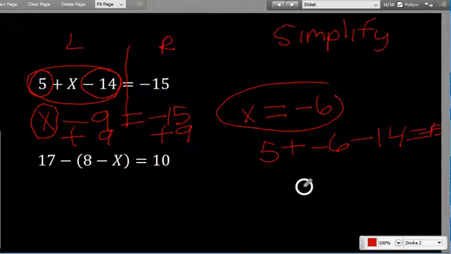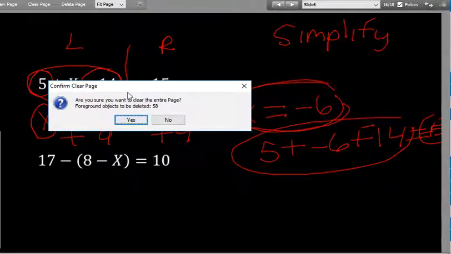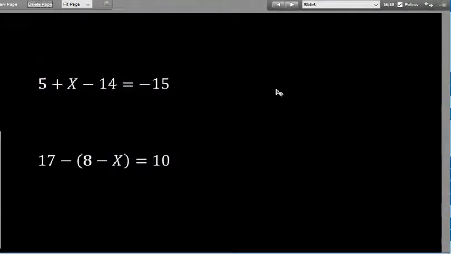Sorry, I ran out of room there. If you type that in your calculator, 5 plus negative 6 plus negative 14, you would get negative 15. Okay, so x equals negative 6. That is our solution. So let's do the next one.